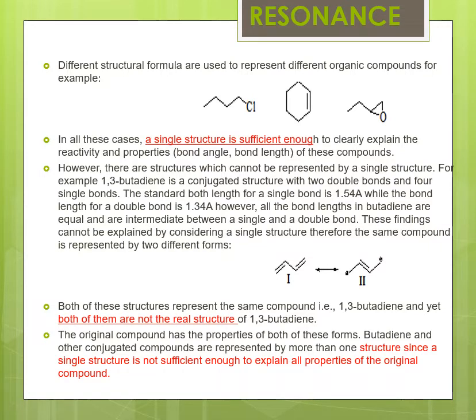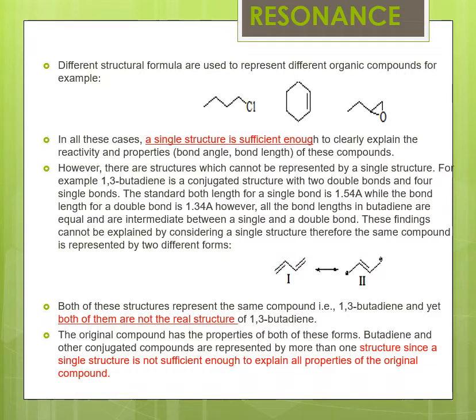In order to solve this issue, we use two different structures, structure number 1 and structure number 2, and we say that both of these structures together explain the properties of this molecule, butadiene. Both of these structures are not real, but they contribute towards the original structure.